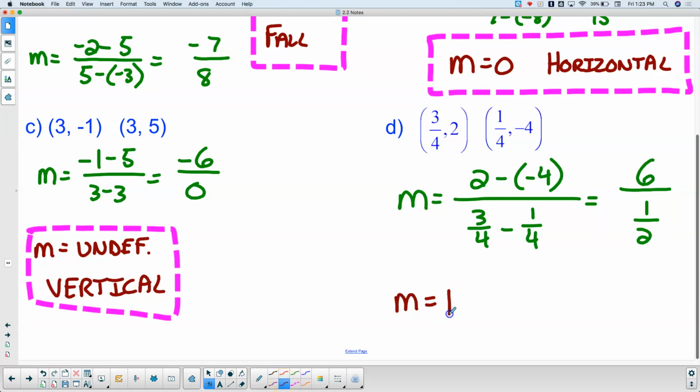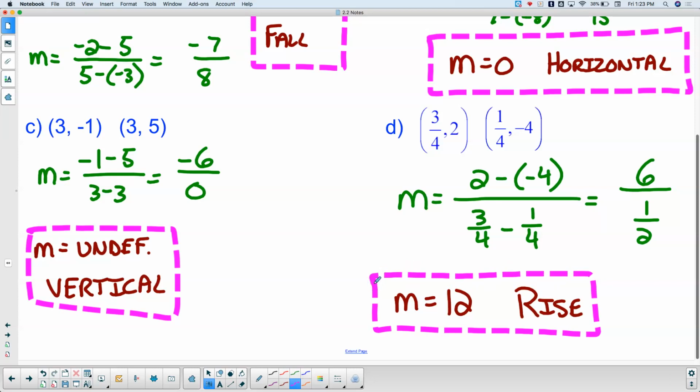So my slope there is 12. That's a positive number. That's going to go up and to the right, so that is going to rise to the right. Questions on those three?